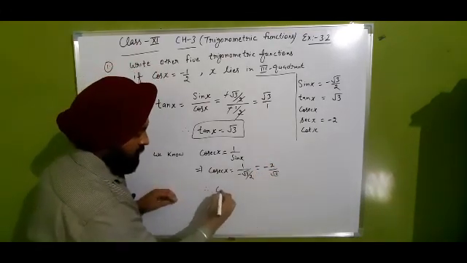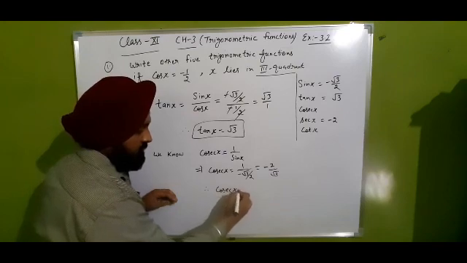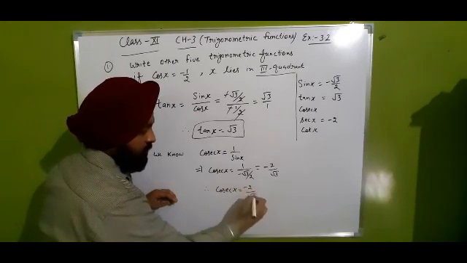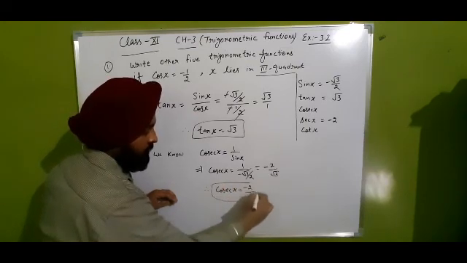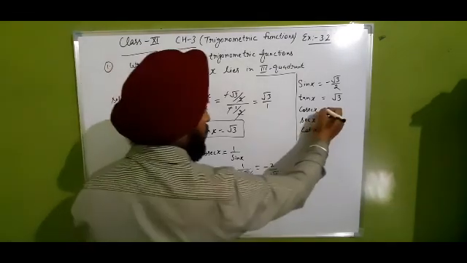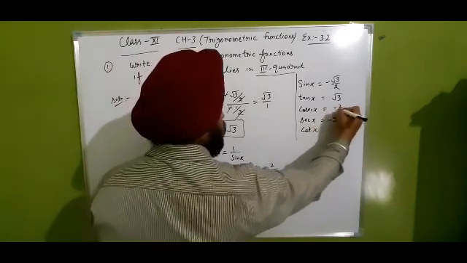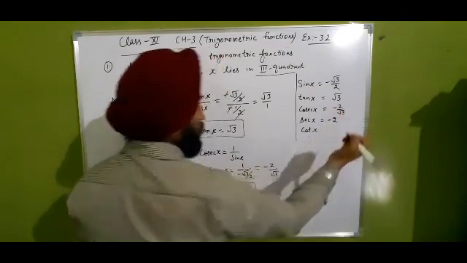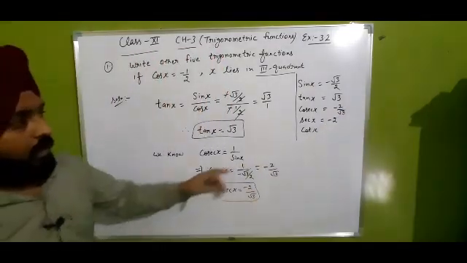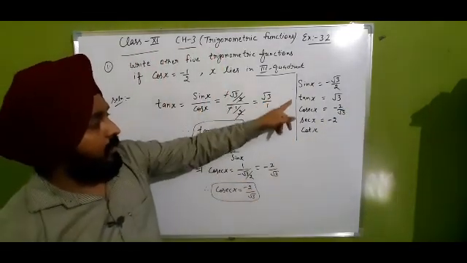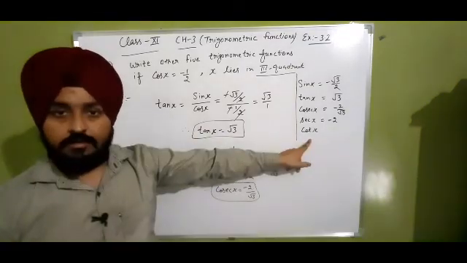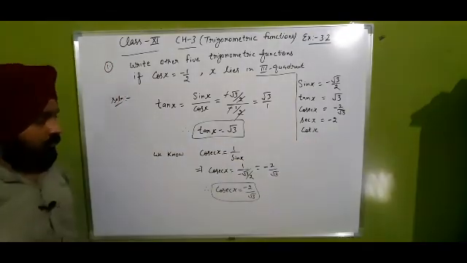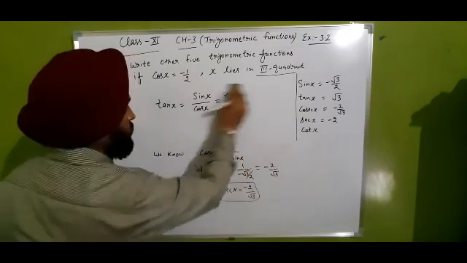So cosecant x is equal to minus 2 upon root 3. Clear? So write there cosecant x value minus 2 upon square root 3. So we have calculated 4 trigonometric functions. Which is left? Cot x. So now calculate the value of cot x.